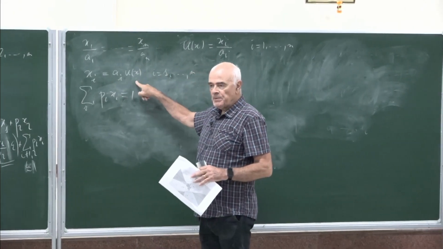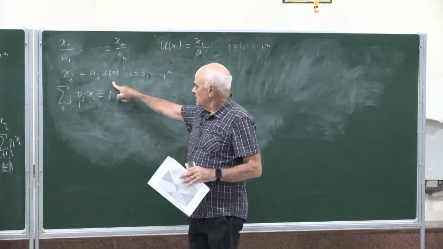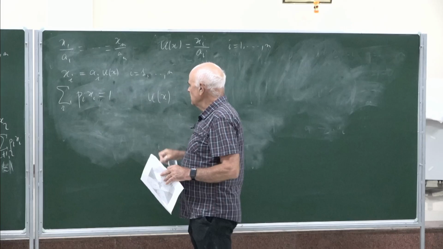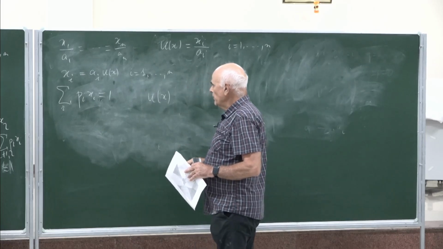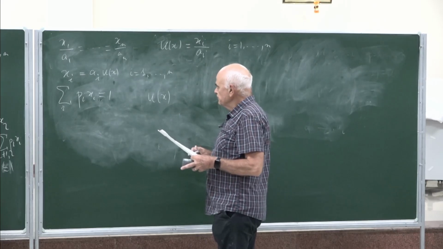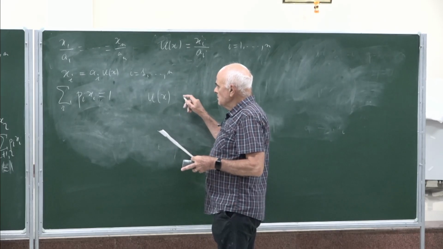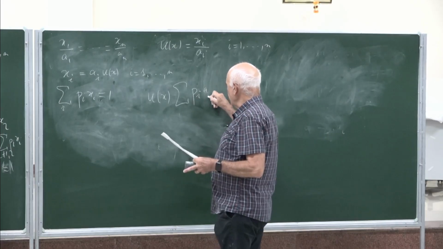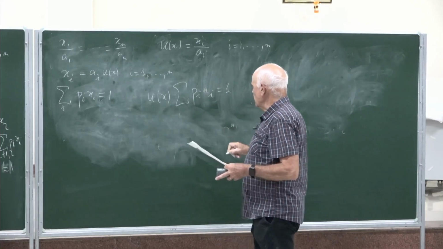And if you replace by what we have obtained, then what you get is that u of x times the sum of pi ai is equal to 1.